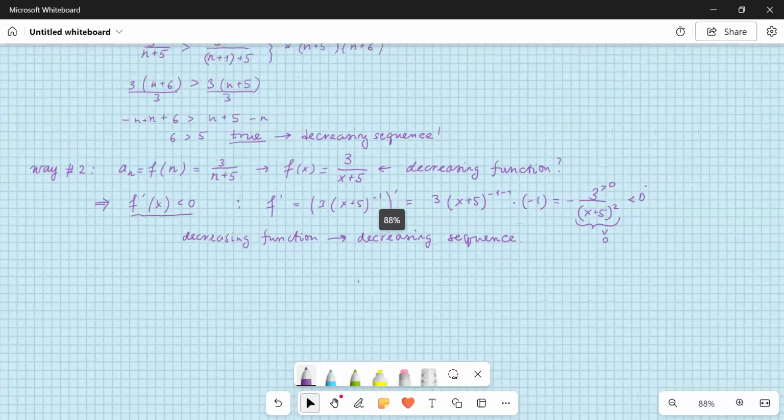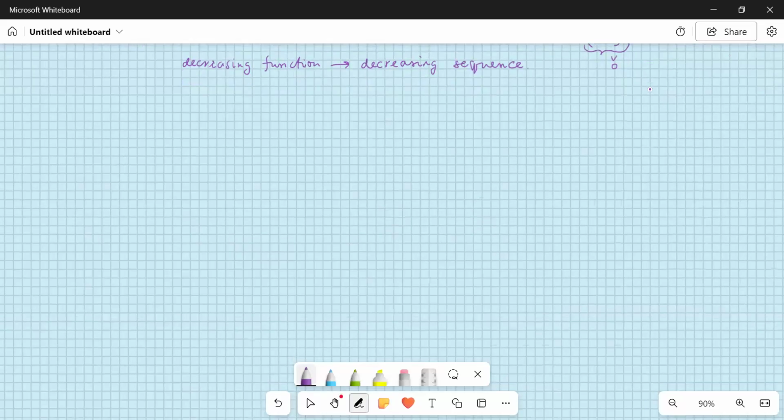Let me make it a little bit smaller, scroll it up.